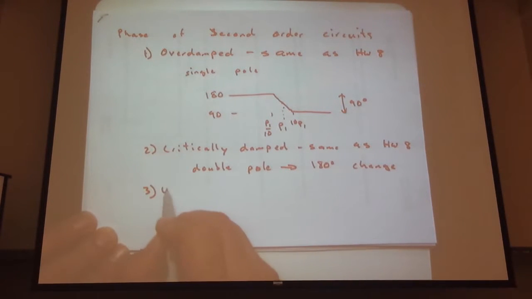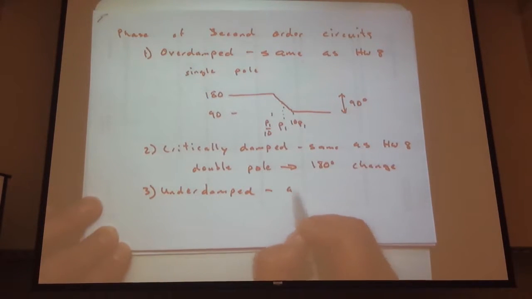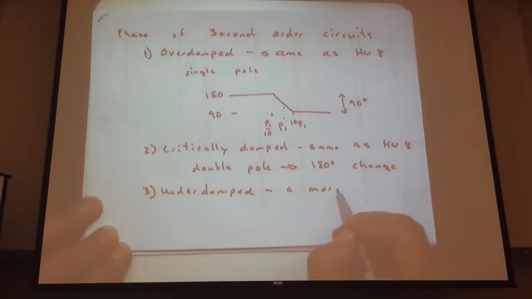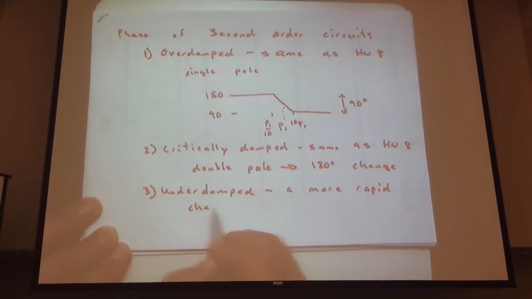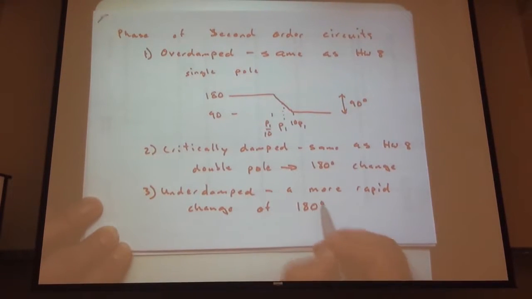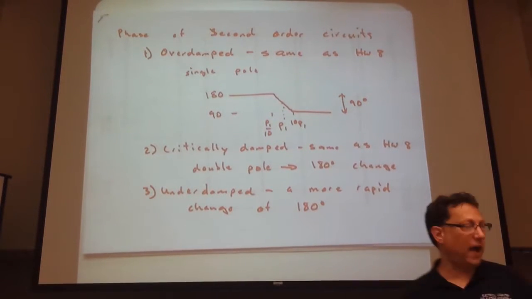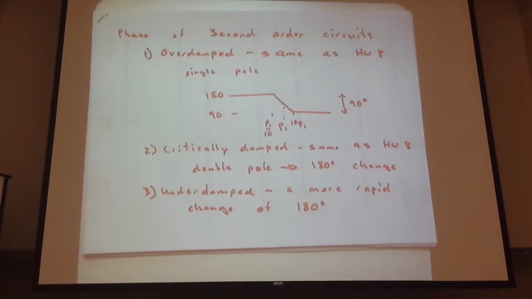On the other hand, underdamped, what happens? A more rapid change of 180 degrees. So we still go from some value, 90 or minus 90 in this case.